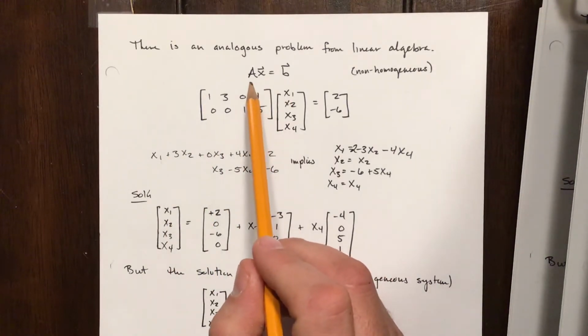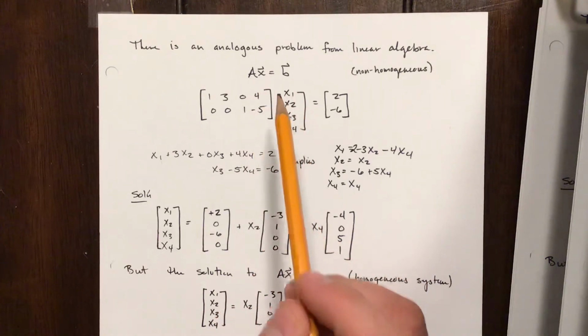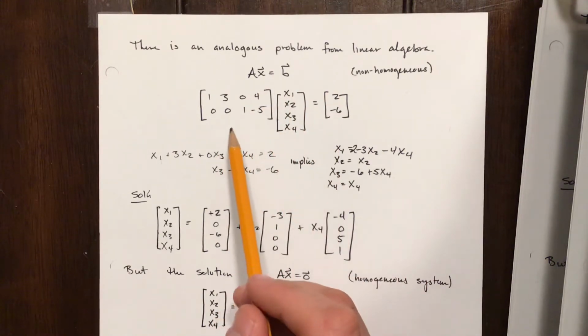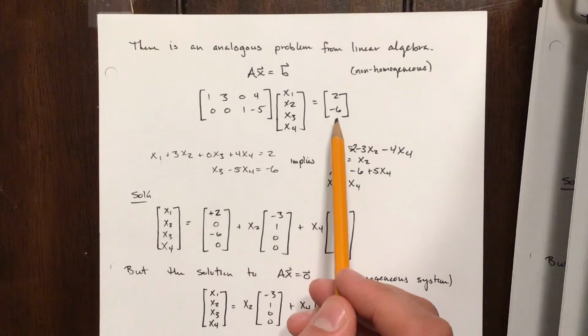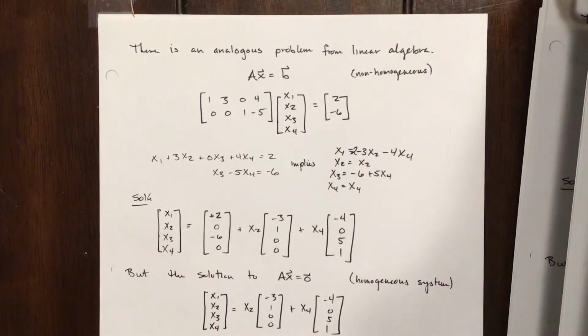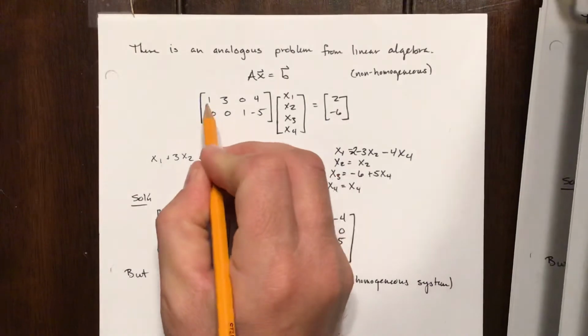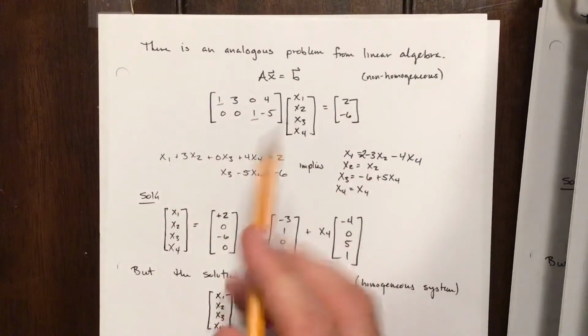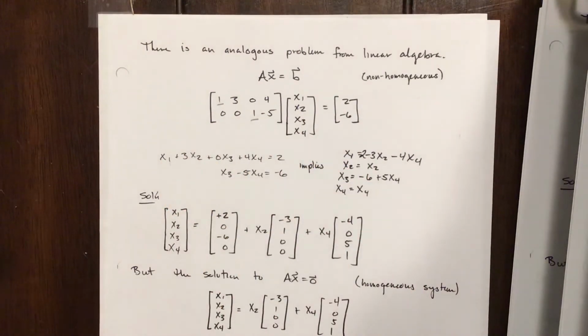So if I give you the matrix equation AX equals B, where A is this 2 by 4 matrix and B is this 2 by 1 vector, when we look at all solutions to this equation, you can see I already have it in row reduced echelon form. Pivot there, no other pivots here.